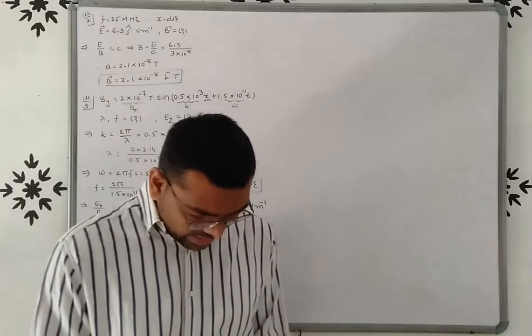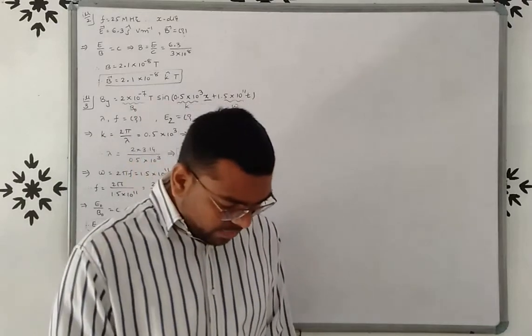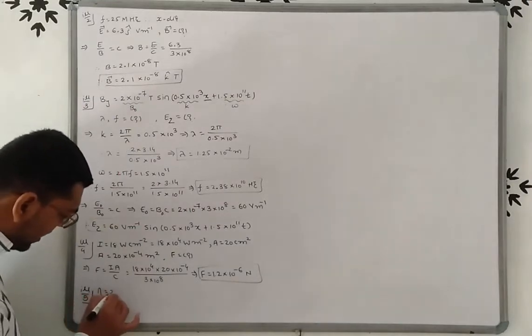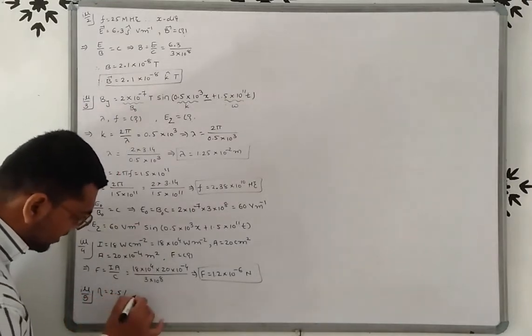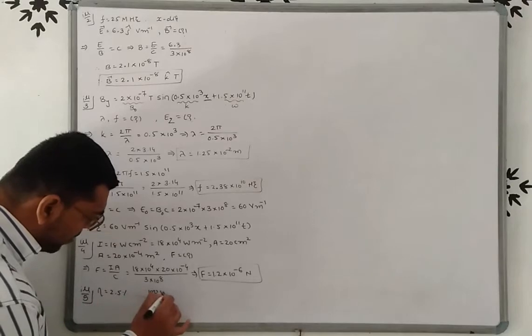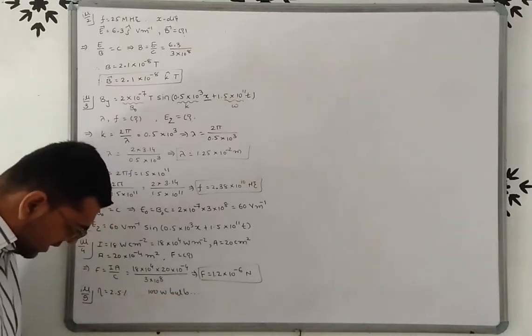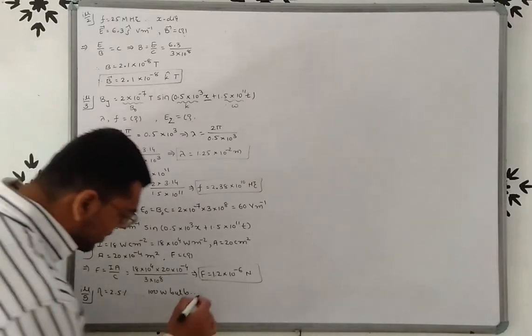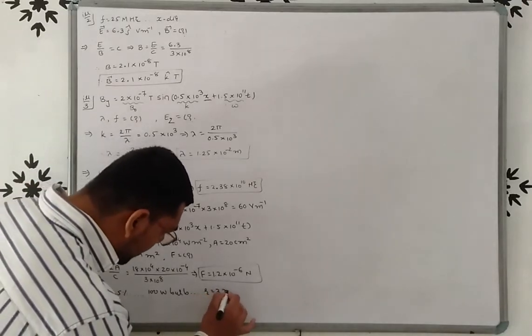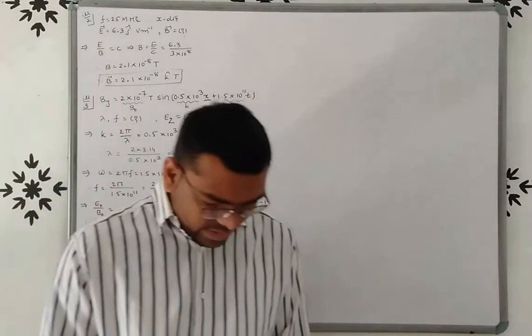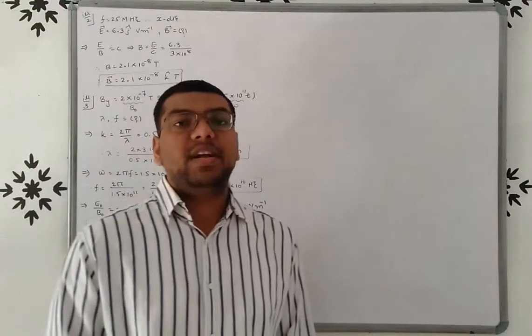So here friends, the efficiency of the bulb is 2.5%. So efficiency eta is 2.5%, a 100 watt bulb, and the distance R will be 3 meter, right? Here we have to find out the electric and magnetic field.